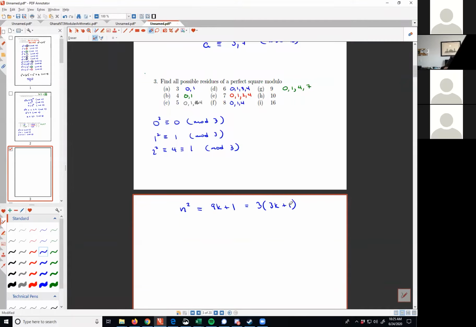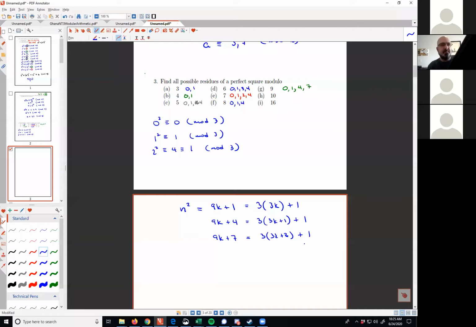I meant the plus 1 outside of the parentheses, which means that it is 1 more than a multiple of 3. Also, 9k plus 4 is 1 more than a multiple of 3. And 9k plus 7 is 1 more than a multiple of 3.